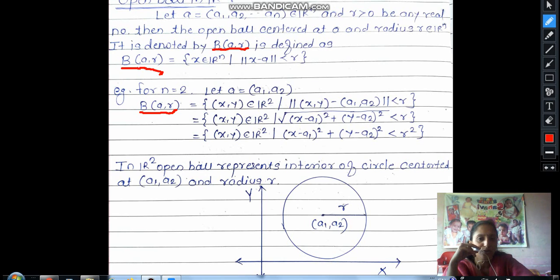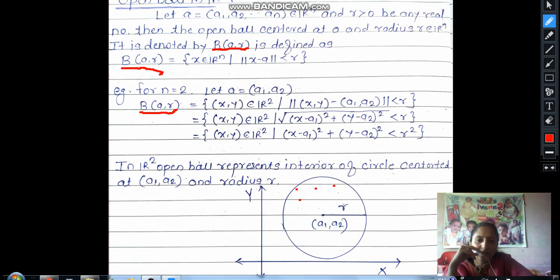Okay, so in R2, the open ball represents the interior of the circle centered at (a1, a2) with radius r. So consider this diagram. This is a circle with center (a1, a2) and radius r. So these are interior points of this circle; interior points means the points which lie in the internal part of that circle. So all these points are at distance less than r. Any point here, the distance between this point and the center must be less than r.